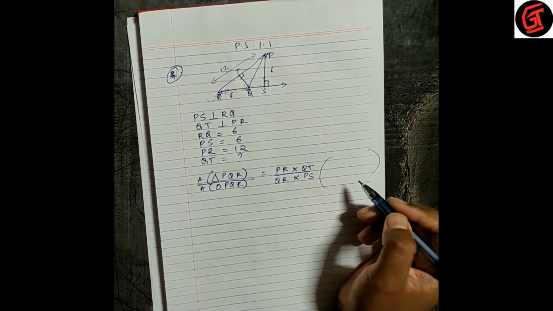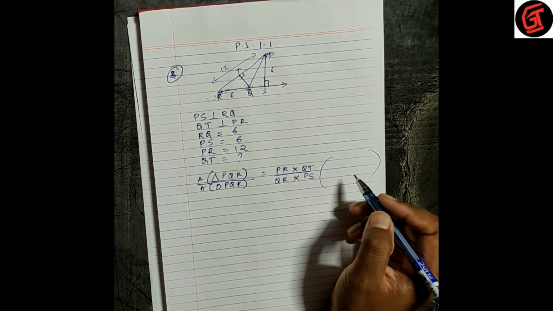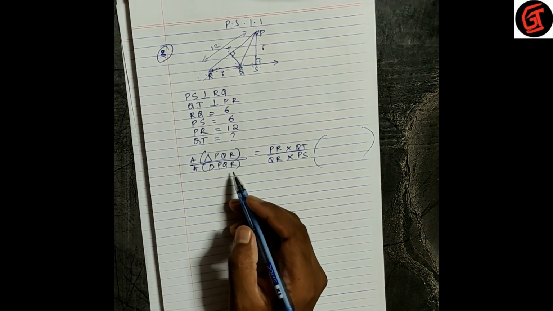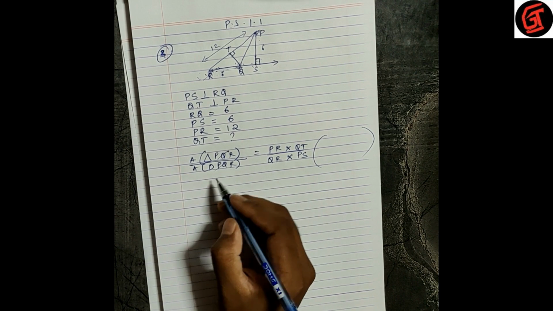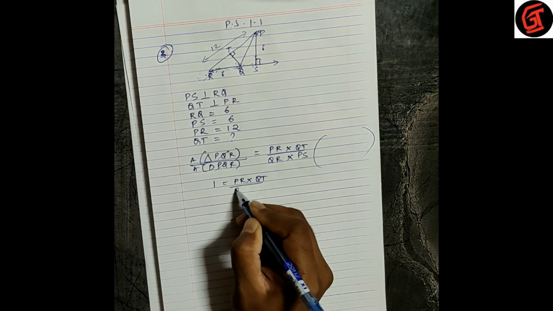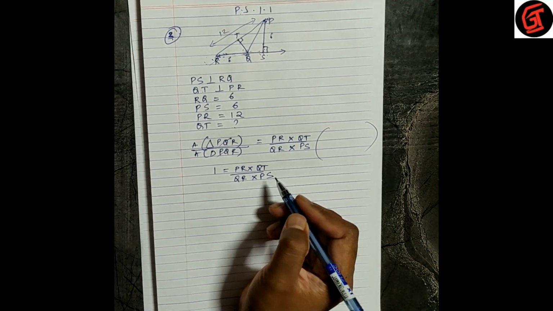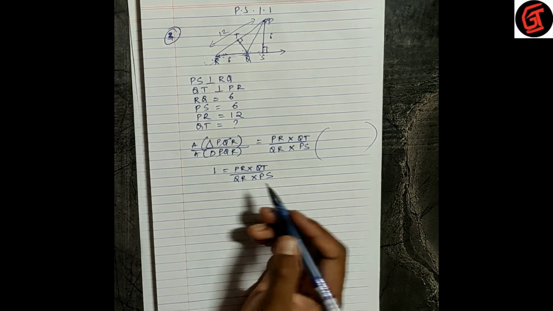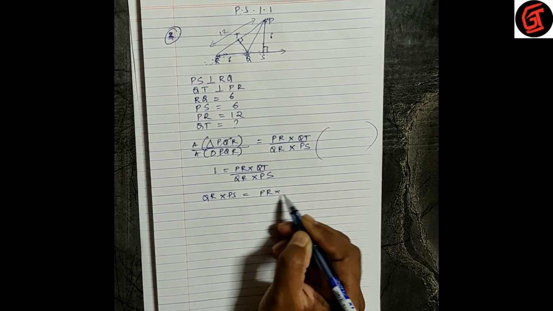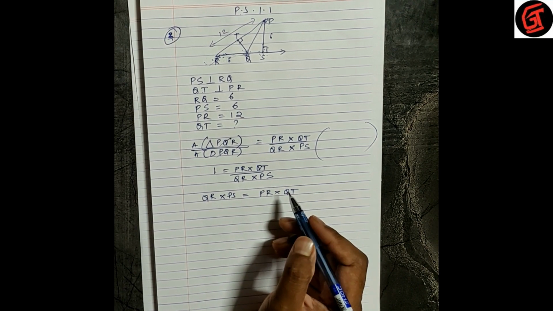The reason is the same: the ratio of areas of two triangles is equal to the ratio of the product of their bases and corresponding heights. Now PQR and PQR are the same thing, so we can cancel this, and we get 1 is equal to PR into QT upon QR into PS. Now let's cross multiply this, since we got 1 here: QR into PS is equal to PR into QT. Now let's substitute whatever values we have.